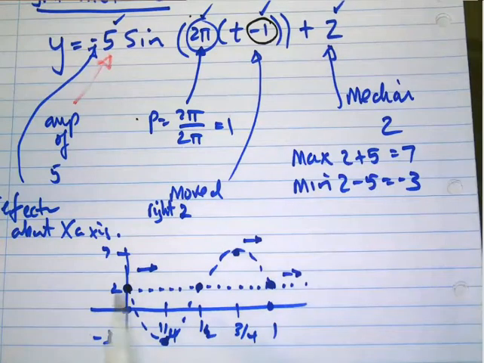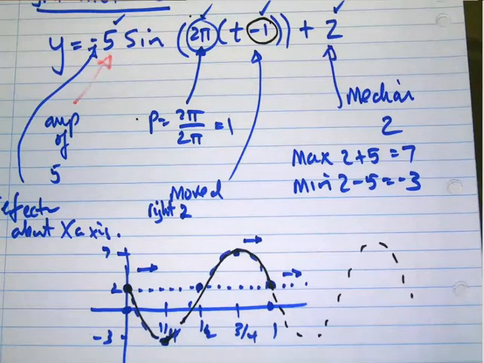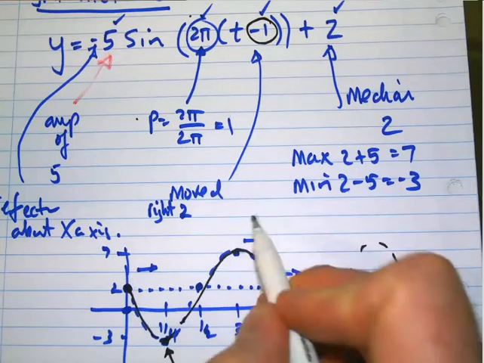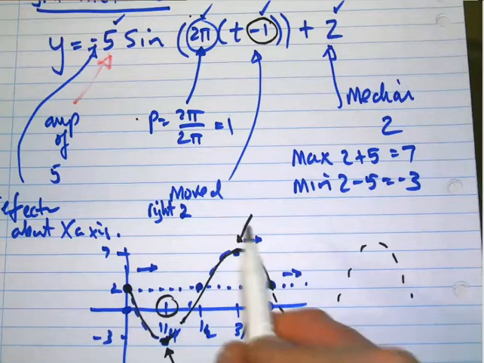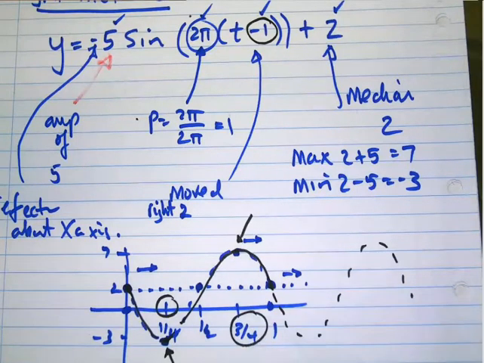Therefore, this will slide all the way down to here, and this is going to be what my curve looks like, because the bit down to the left will be slid to the right to give me this. I'm going to have a minimum value of negative 3 when x is 1/4, and a maximum value of 7 when x is 3/4.